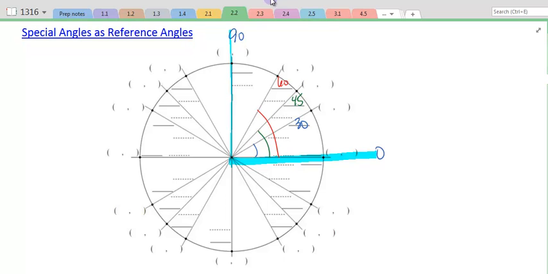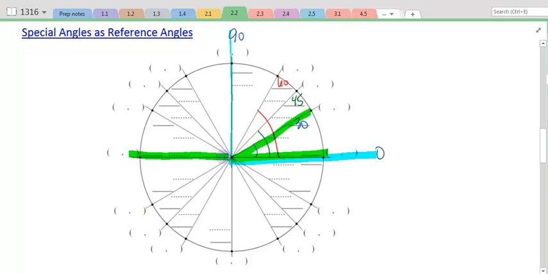Take, for example, the 30 degrees that I have here. If I know that this little slice of the pie is 30 degrees, then that is the same as this little slice of the pie over here. In other words, my six trig functions for 30 degrees in the first quadrant are similar to my six trig functions for this little slice of the pie in the second quadrant.